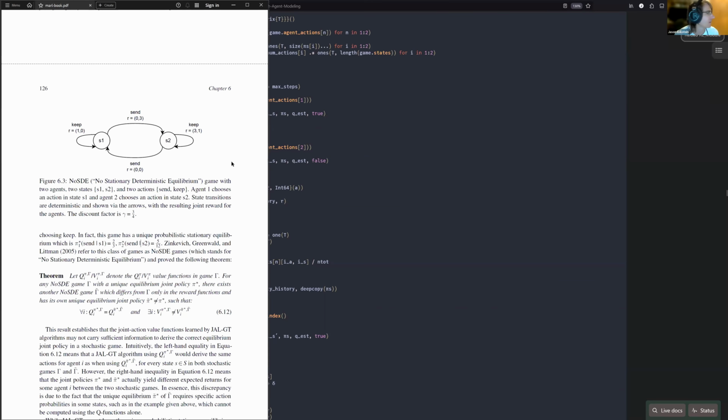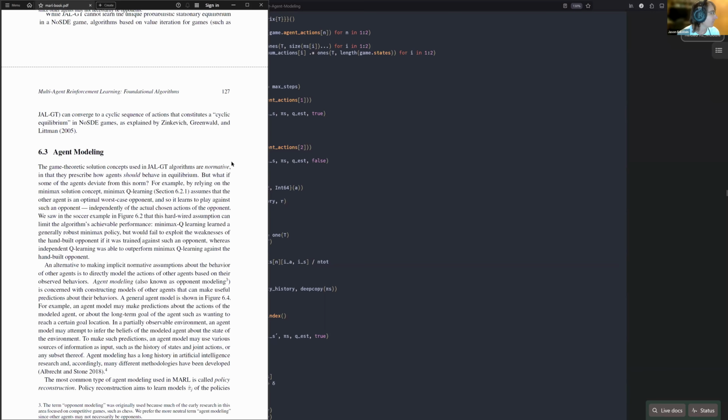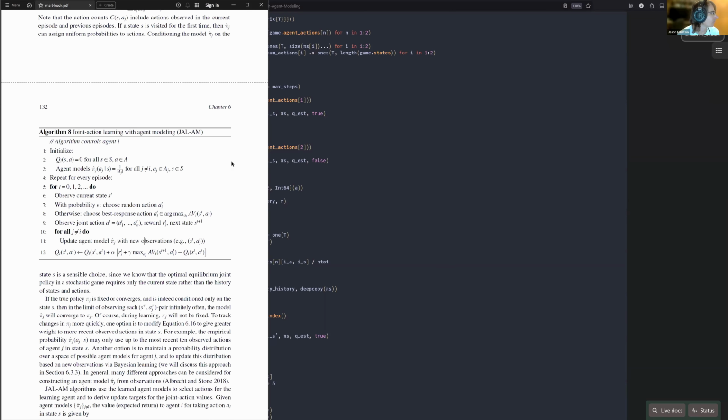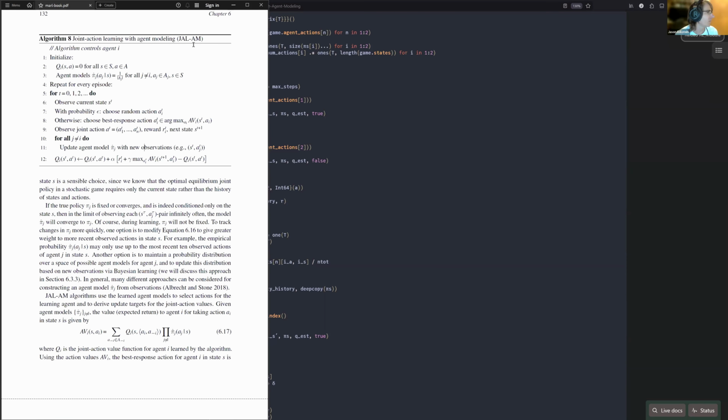Maybe I'll show quickly in the book how this algorithm works. So this is the joint action learning with agent modeling. We update these Q values, right? These are the joint action values for the game. And then we also have the agent models.